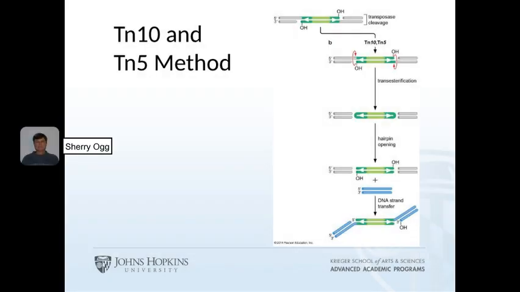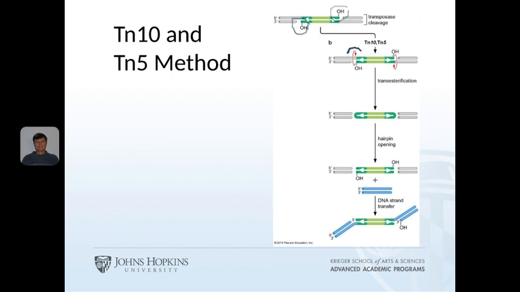The method used by Tn10 and Tn5 bacterial transposons uses the transposase itself to cleave the 3' OH end, which are seen up here, of the transposon, and then also attack the DNA directly across from the cleavage location.